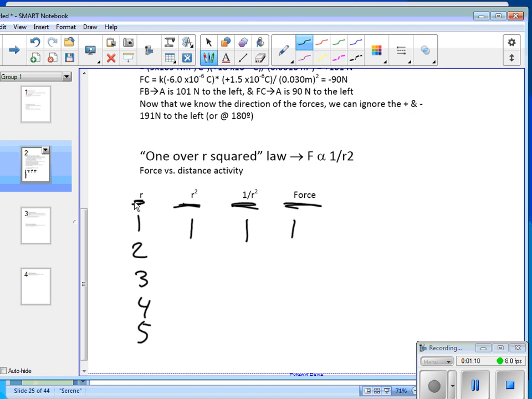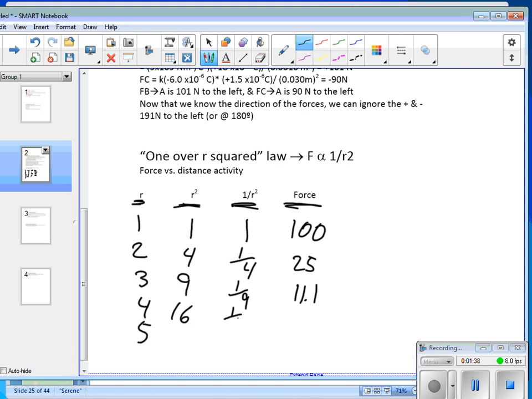The force that we're going to pair up with that is going to be 100, and we'll explain that in just a few. 2 squared is going to be 4. 1 over 2 squared, or 1 over 4. 1/4 of 100 is going to be 25. 3 squared is going to be 9. 1/9 of 100 is 11.1. 4 squared is 16.